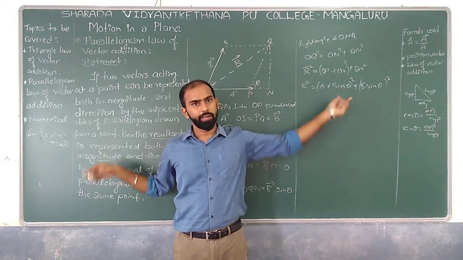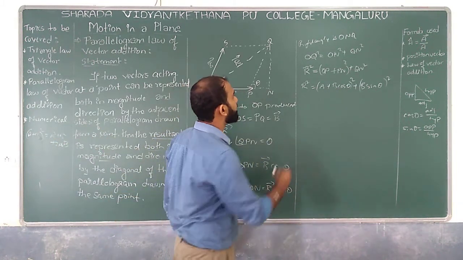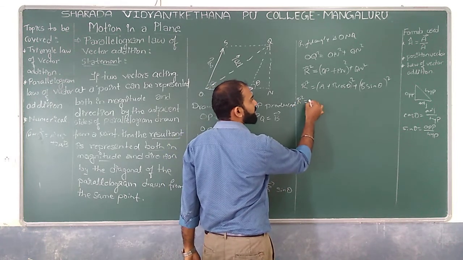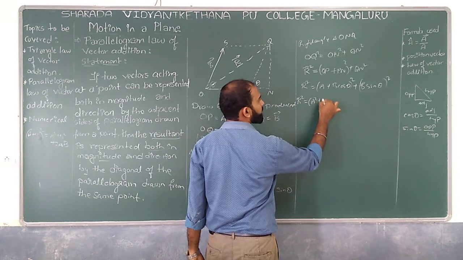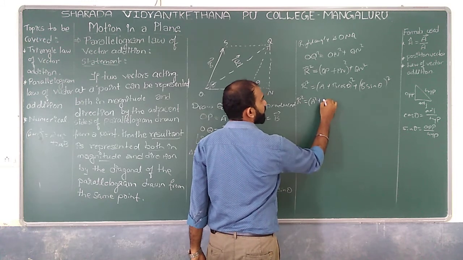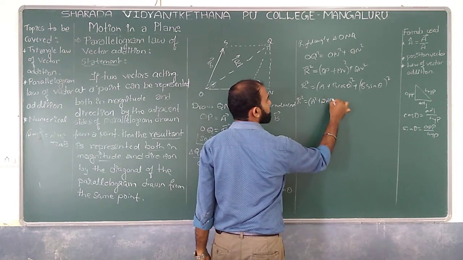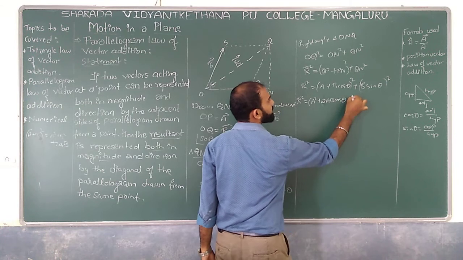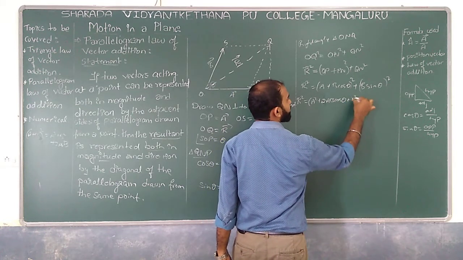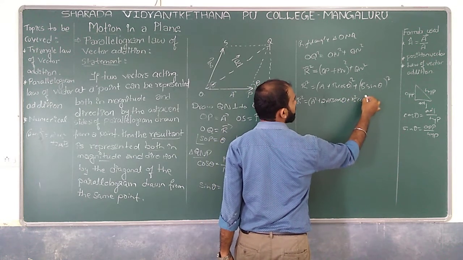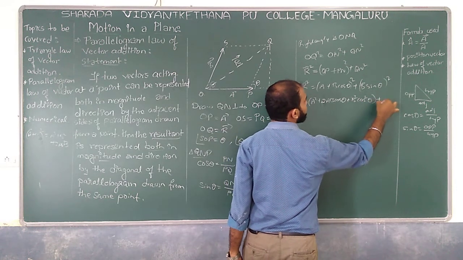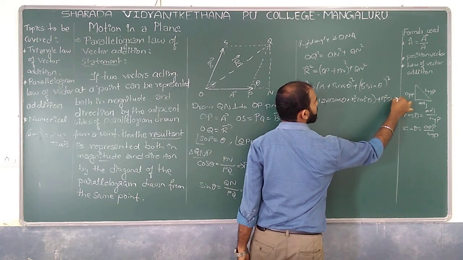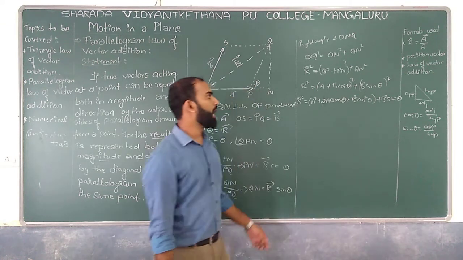B cos theta, correct? So it looks like R square is equal to A square plus 2AB cos theta plus B square cos square theta plus B square sin square theta.